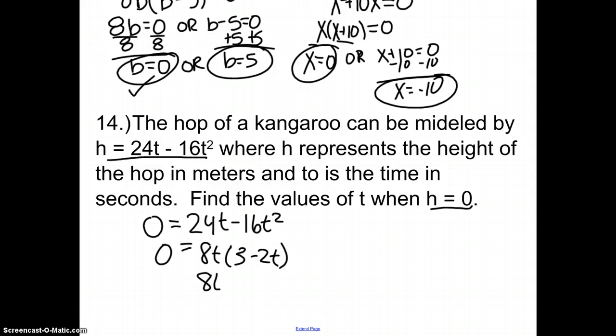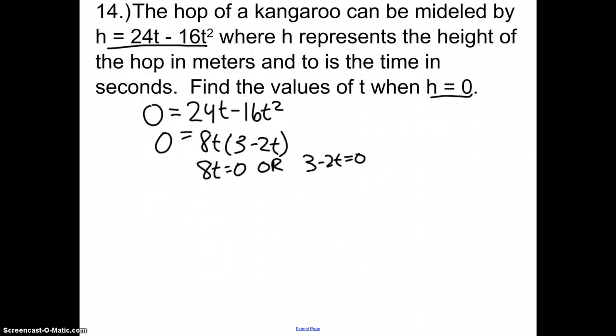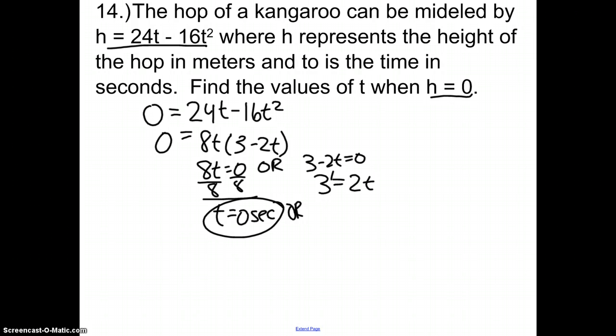We have 8t equals 0, or 3 minus 2t equals 0. And we'll solve them each for t, so the first one, divide by 8. We have t equals 0 seconds, or for the second, add 2t to the other side to make it positive. 3 equals 2t.